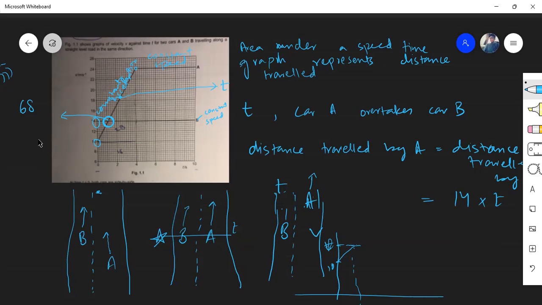So car, 10 plus 6 times 4. 10 plus 24. 24 times 4.